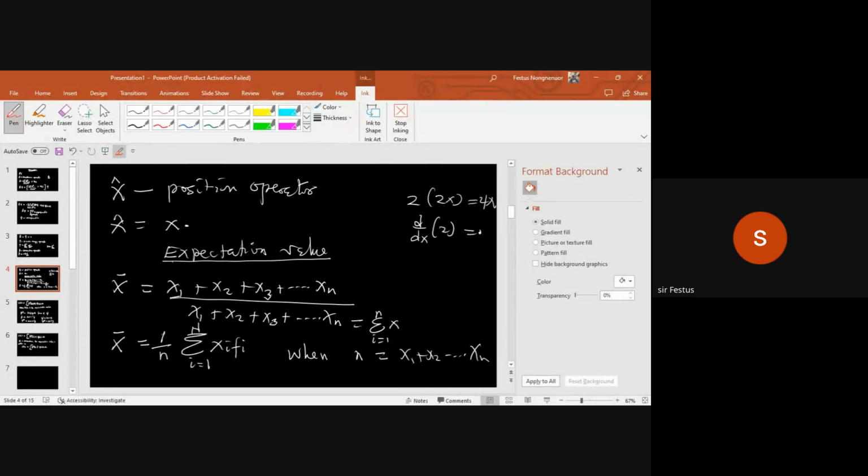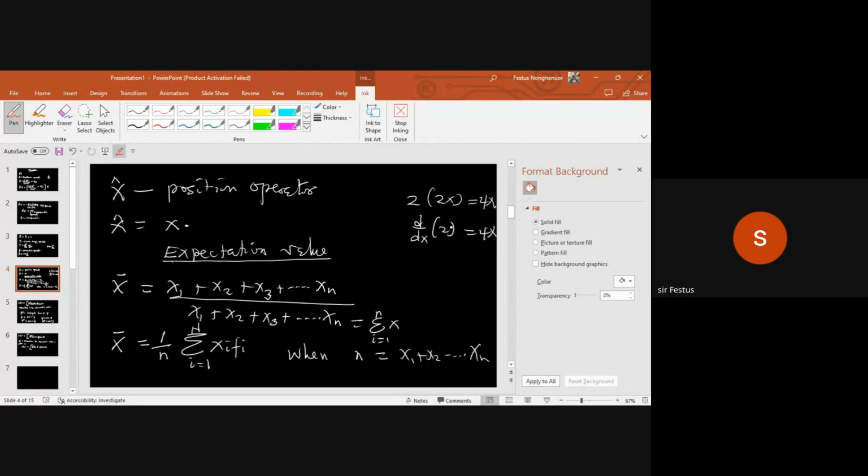you can't say d on the x of 2x is still 4x. You can't do that, because the momentum operator is now operating on the function, not multiplying by the function, because the position is just a scalar. So when I multiply a scalar, the factor will just be increased by that amount. So this is 2x, you multiply by 2, you get 4x. So the factor has been increased by 2.